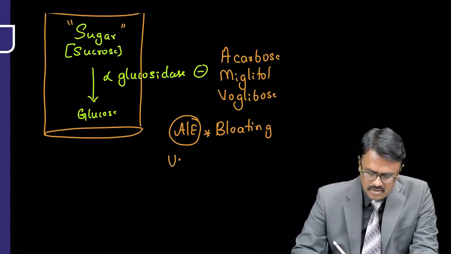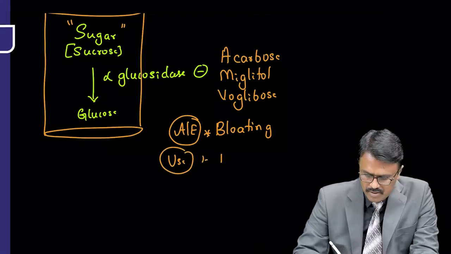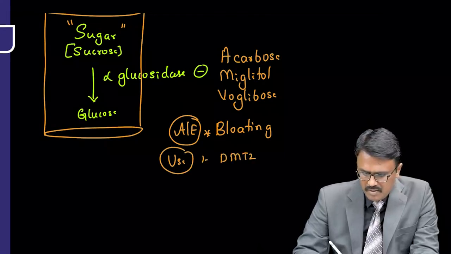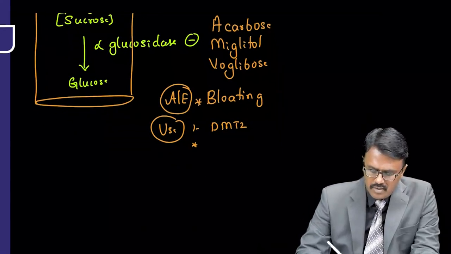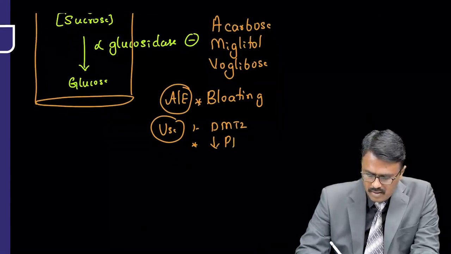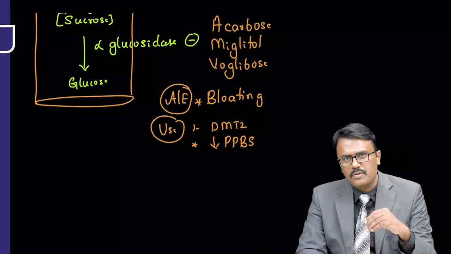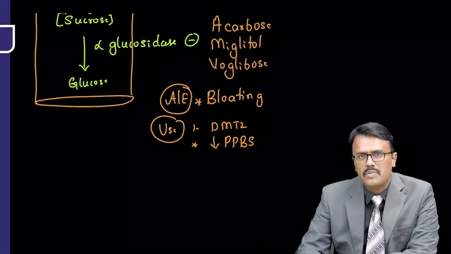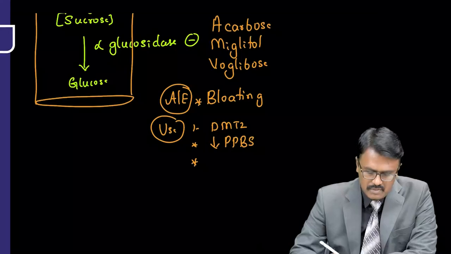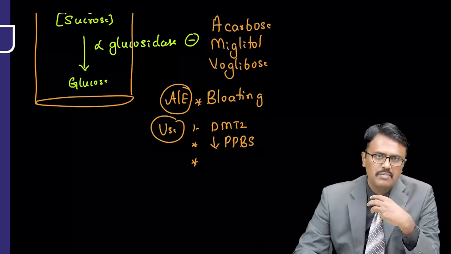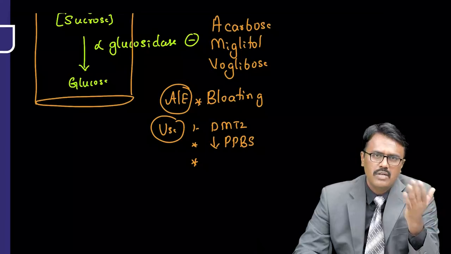Now where do you use it? Yes, we use it in diabetes type 2 only. But their advantage is they are mainly known to decrease the postprandial blood sugar. So when we take it along with food, it will decrease the postprandial blood sugar. The reason is when a patient eats the food, it becomes sucrose then glucose.